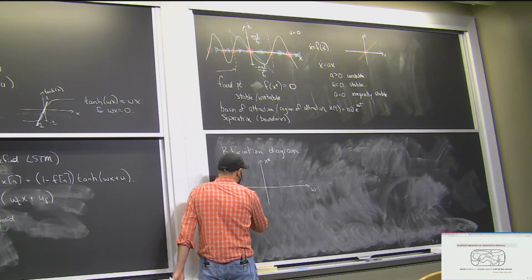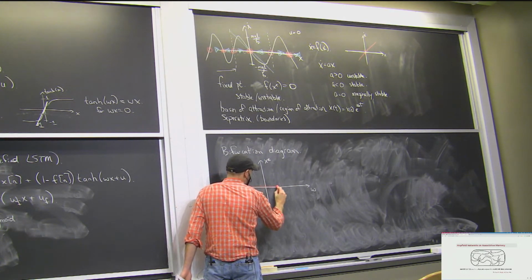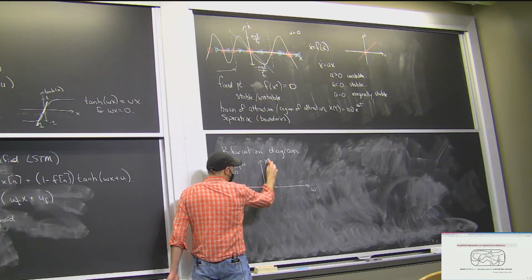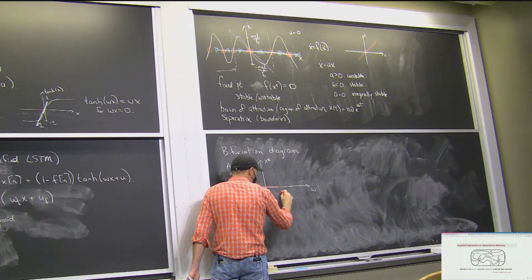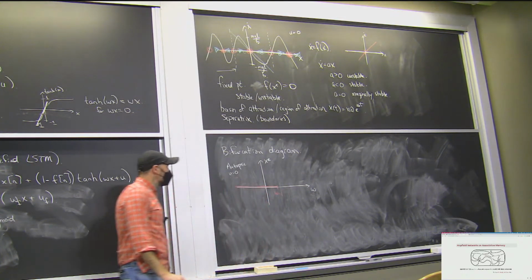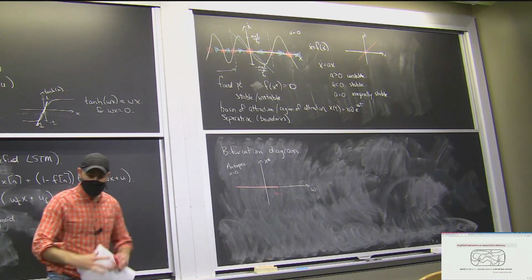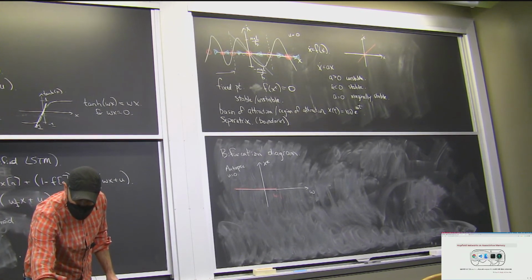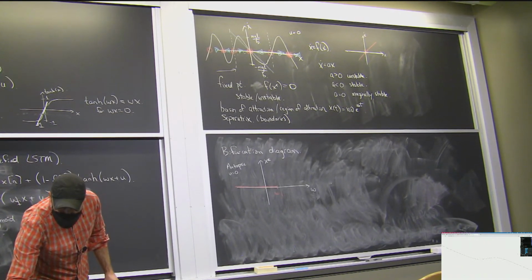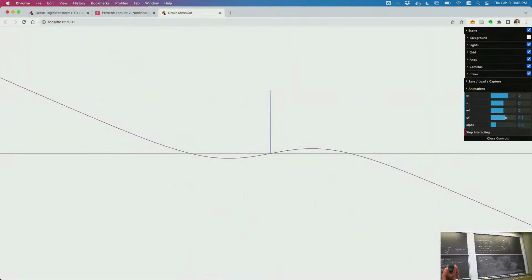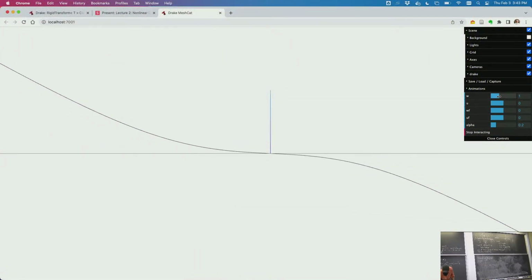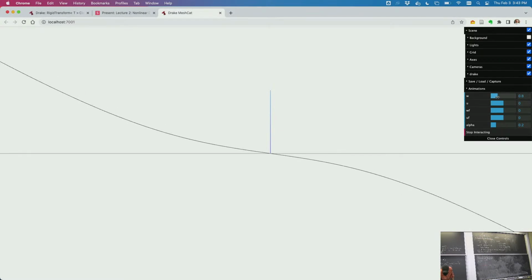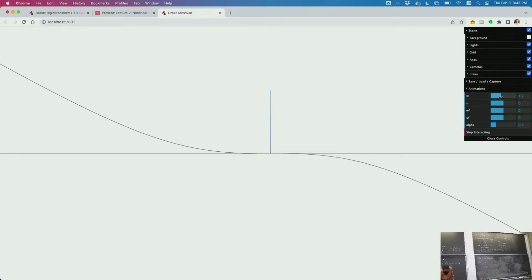So for w less than 1, I have a fixed point at x star equals 0, and it's stable.